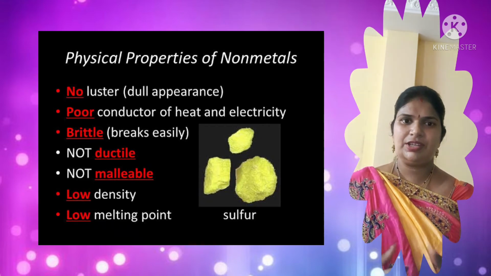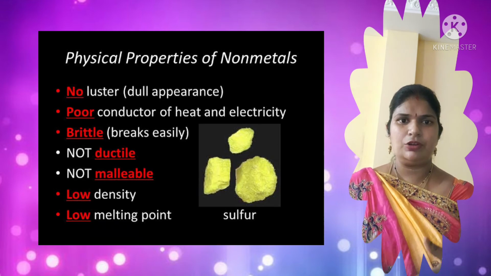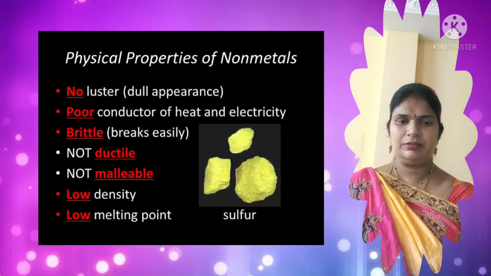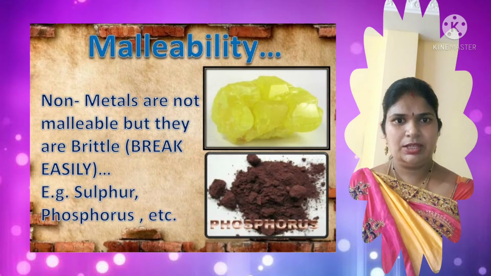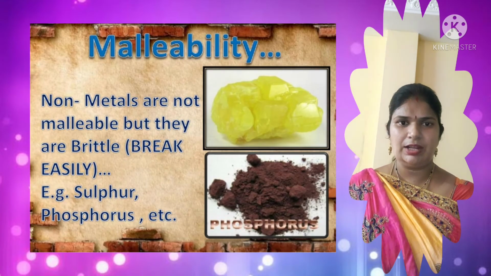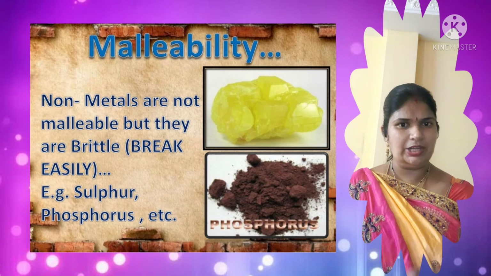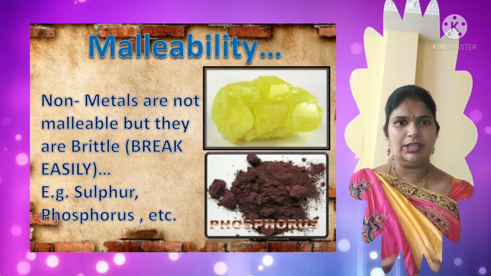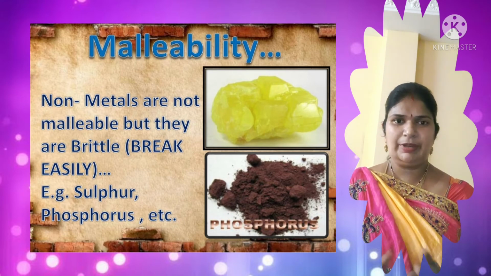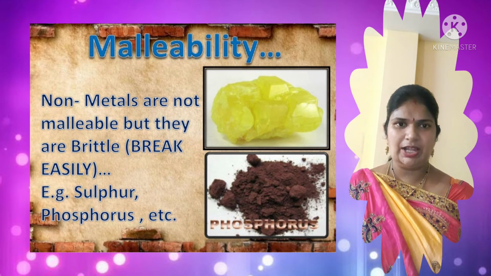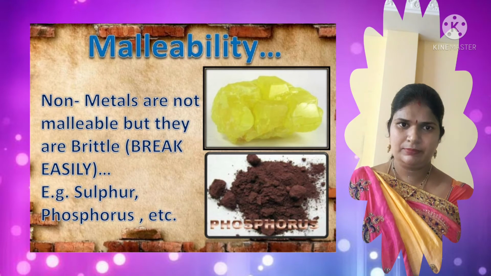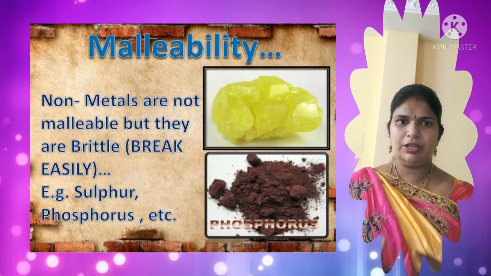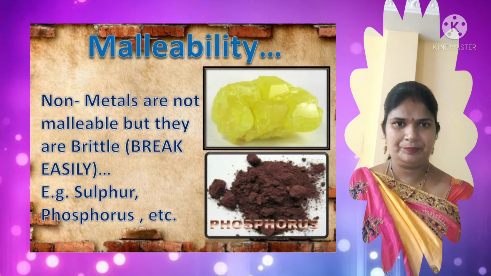Let's see the physical properties of non-metals. The first property is malleability. Non-metals are brittle in nature; brittle means they break off very easily. Hence, they cannot be converted into thin sheets. Example, sulfur, phosphorus, etc.